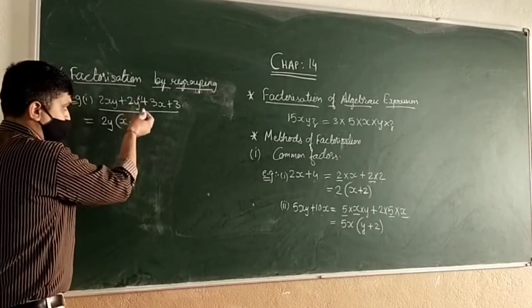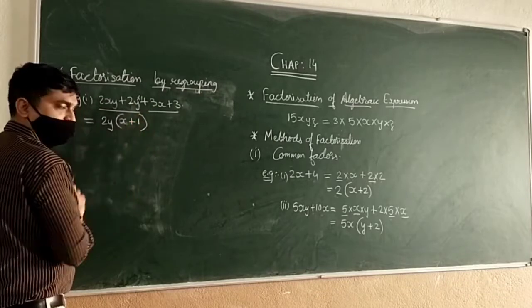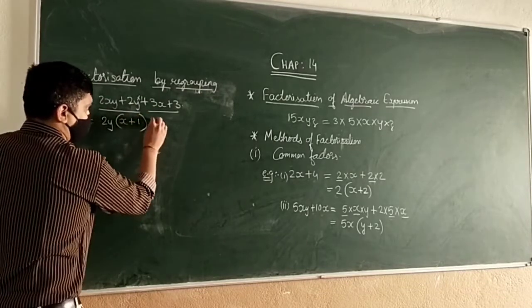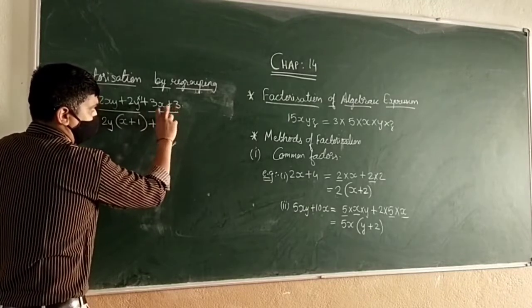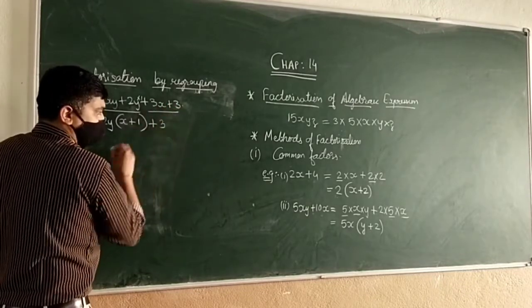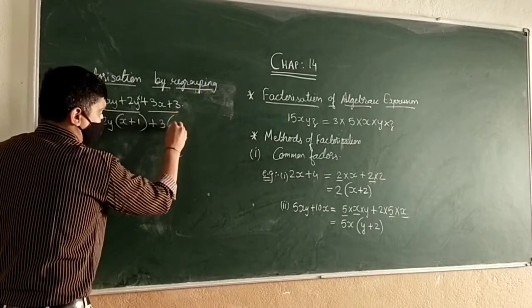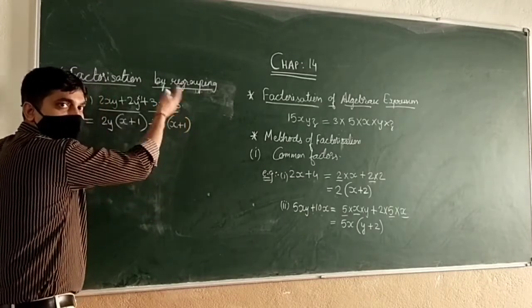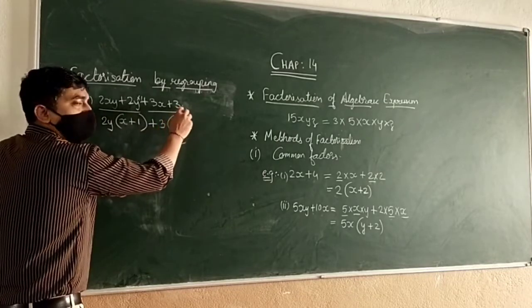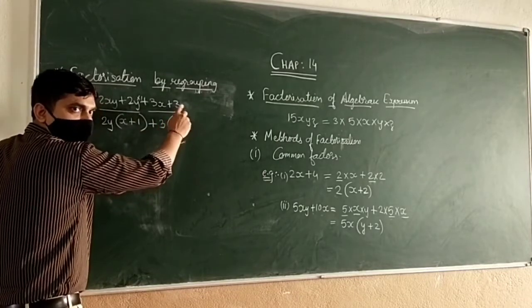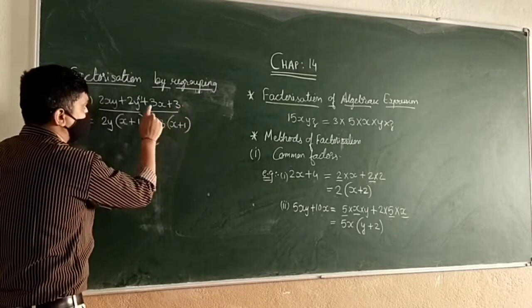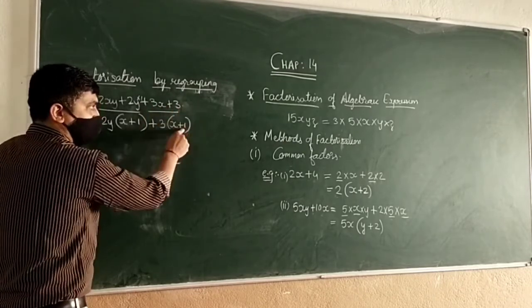So if I take out 2y, what will be left inside? x plus 1. Understood? Plus 3, and 3 is common. So 3 common, x plus 1. Again, here we have taken out 3. 3 1s are 3, right? So 1 will be left. So x plus 1.